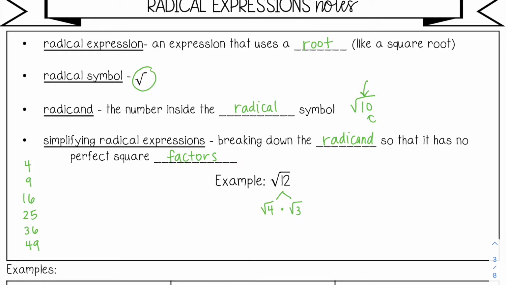So now I can take the square root of 4, which is 2. And then I'm just going to leave the square root of 3 because it's not a perfect square. I can't simplify it. And then I can simply write that as 2 square root of 3, or 2 root 3. So this is the simplified version of the square root of 12.